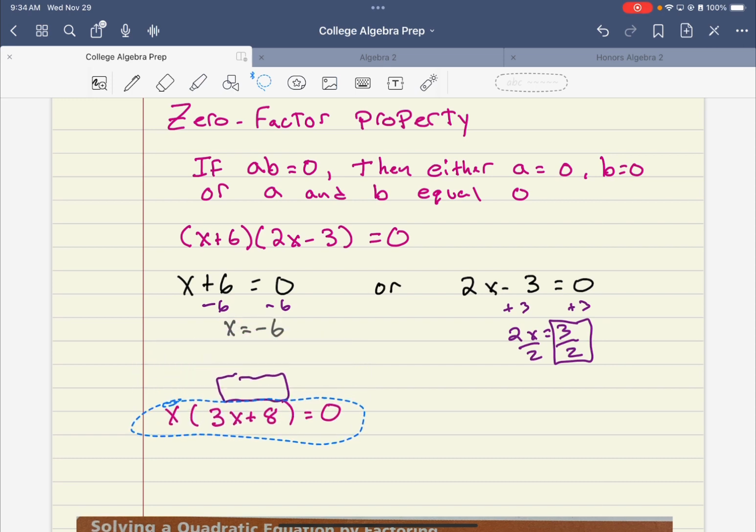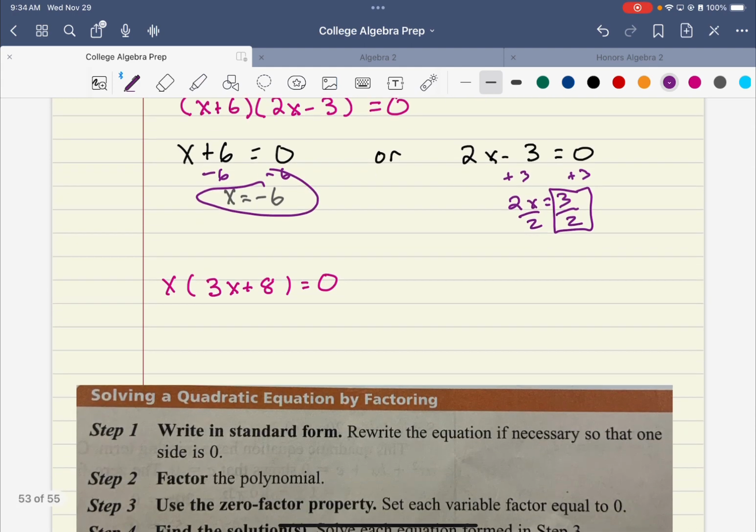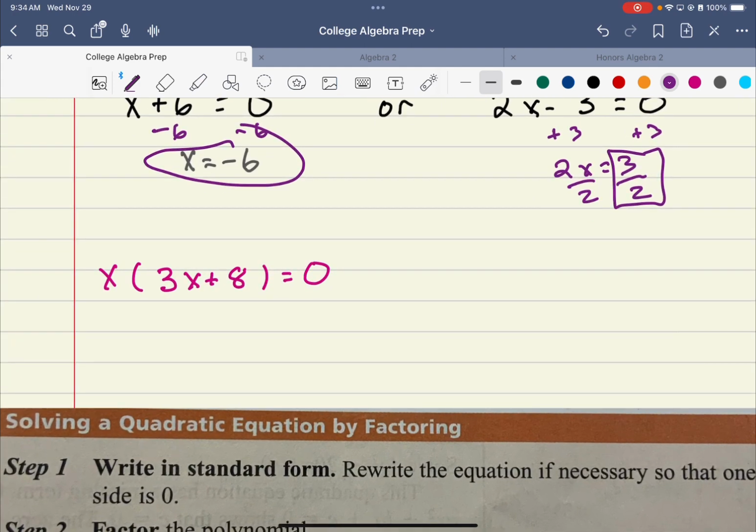Okay, so we have this second one. So we have x times 3x plus 8 equals 0.